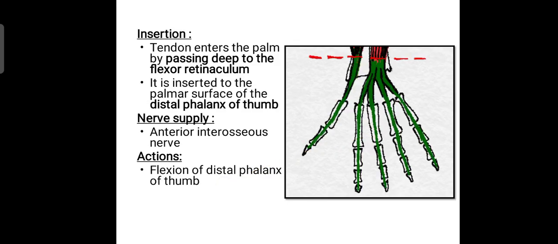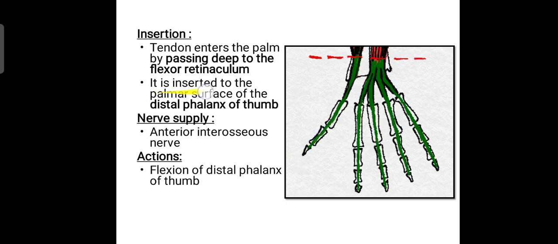And these particular muscle fibers will converge and finally form a single tendon, and that will be inserted to the distal phalanx of the thumb, same as that of the flexor digitorum profundus. There it was the medial 4 digits, here it is only the single digit, that is nothing but the thumb.